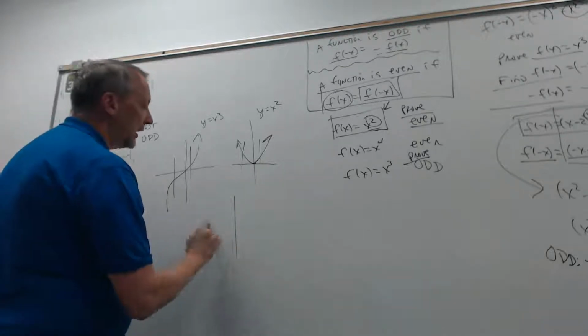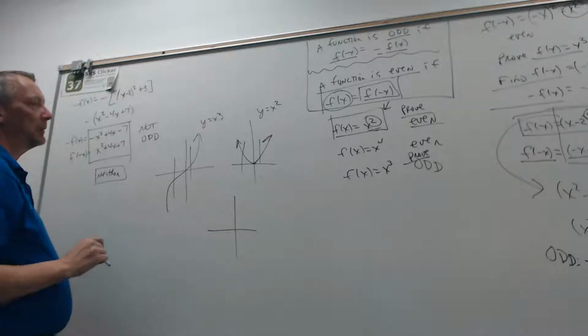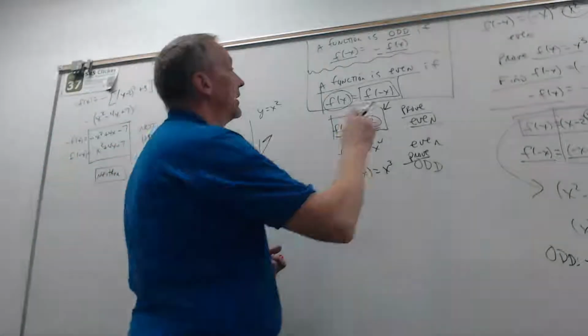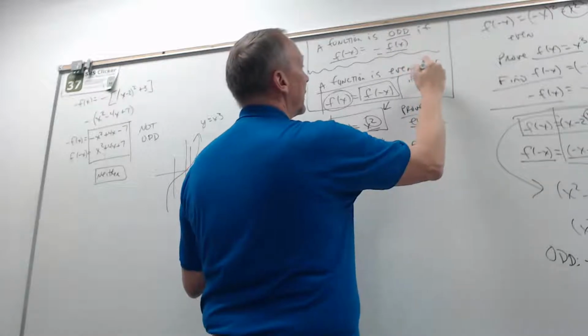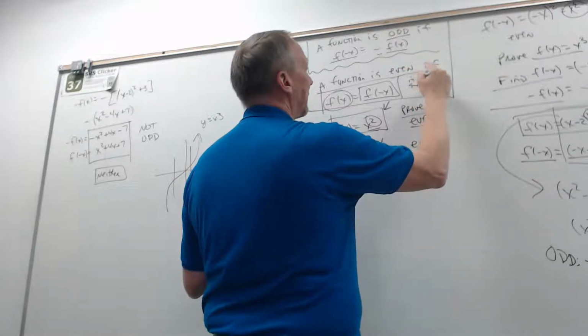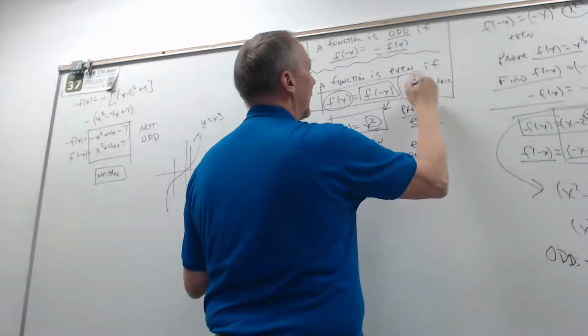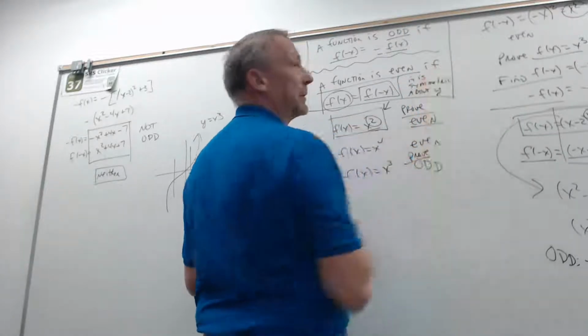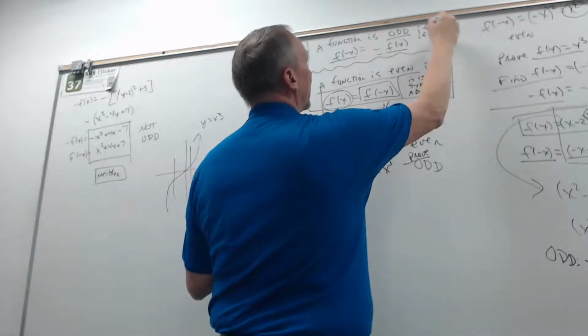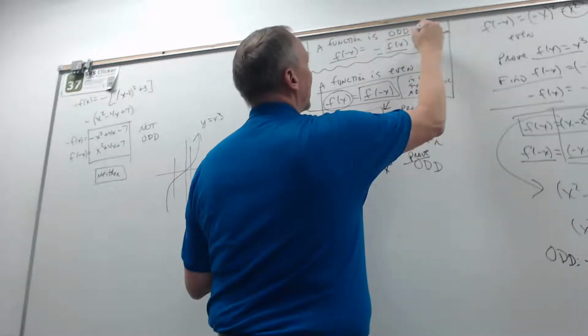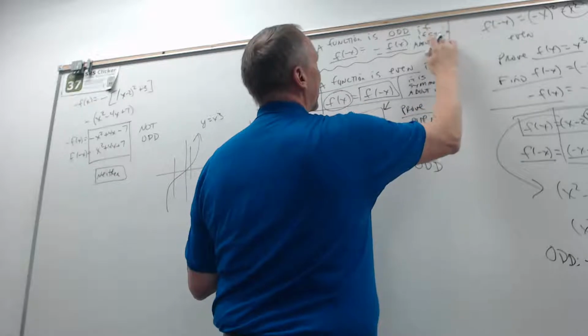Now there is one case. Another way to think about this, a function is even if it is symmetric about the y-axis. A function is odd if it's symmetric about the origin.